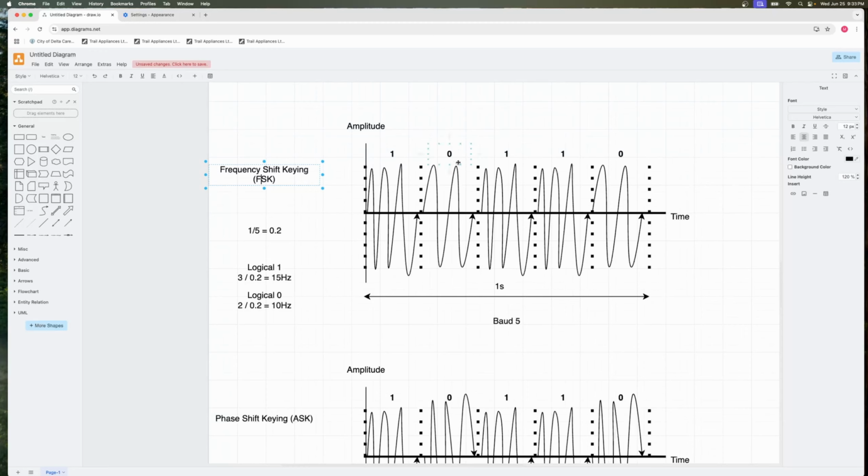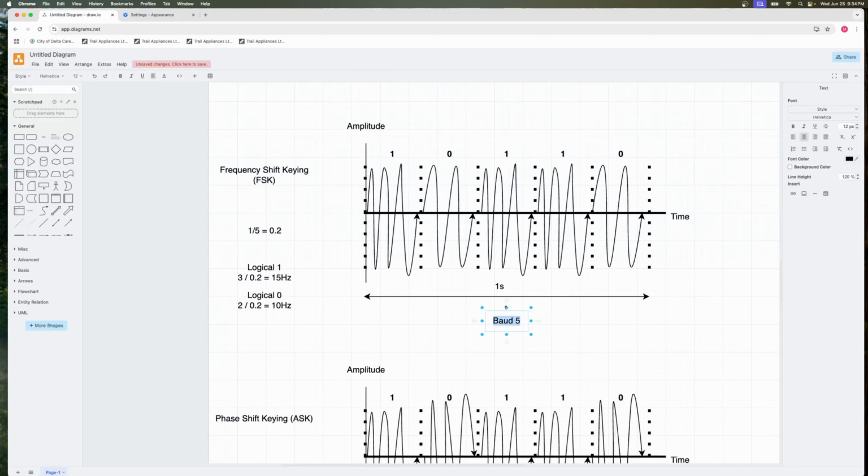Since we have 2 different numbers of peaks within the 2 different bits, we're going to have 2 different values translated over this transmission medium. We have a logical 1, which has 3 cycles within 1 bit, so that's 3 divided by 0.2.